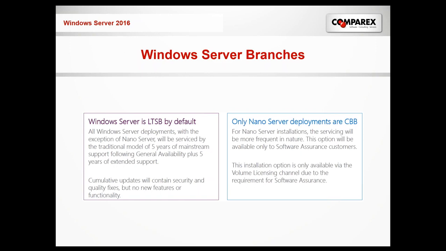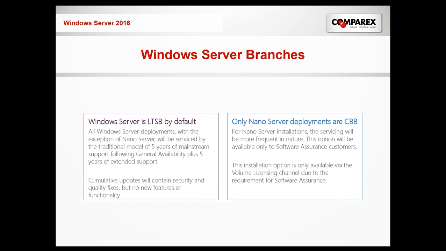Nano Server is a feature that you can only utilize if you have active software assurance on the Windows Server license. When you install Nano Server, you can only do so with current branch for business. You cannot choose a long-term service branch.